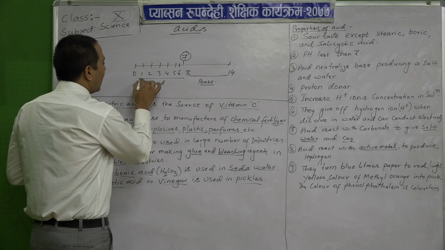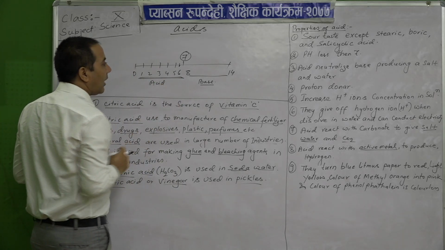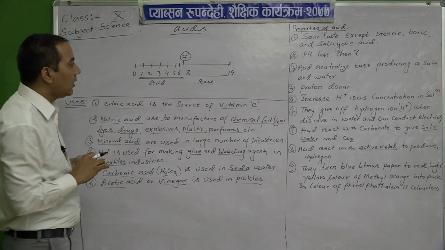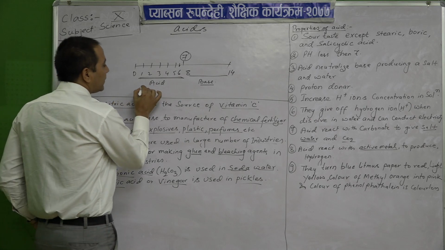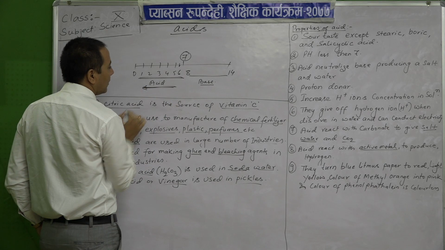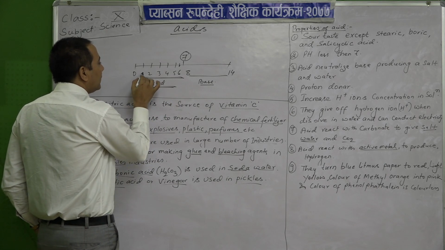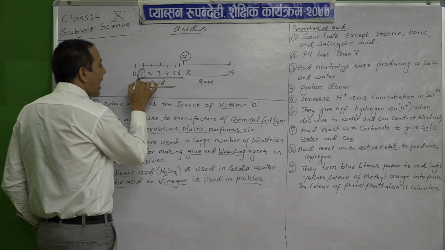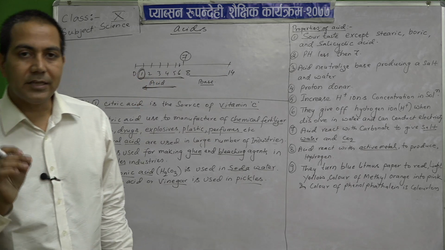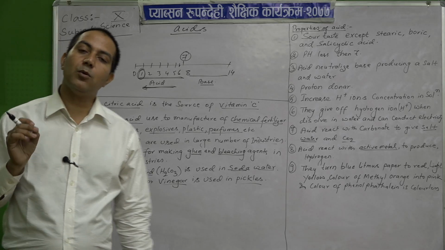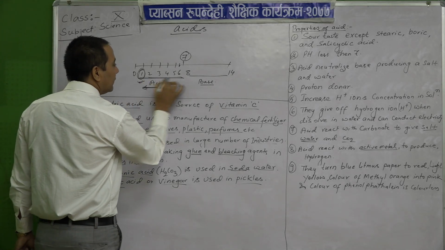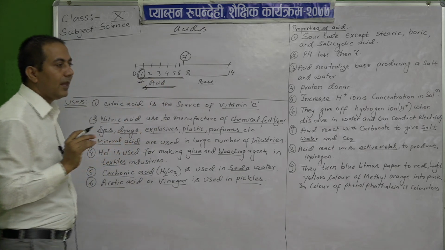Now, what is the concentration? So I draw this one. That's why I am telling about the concentrations of acid. The more concentrated acids fall under this side. That means the acid which has pH 1 is stronger than the others.